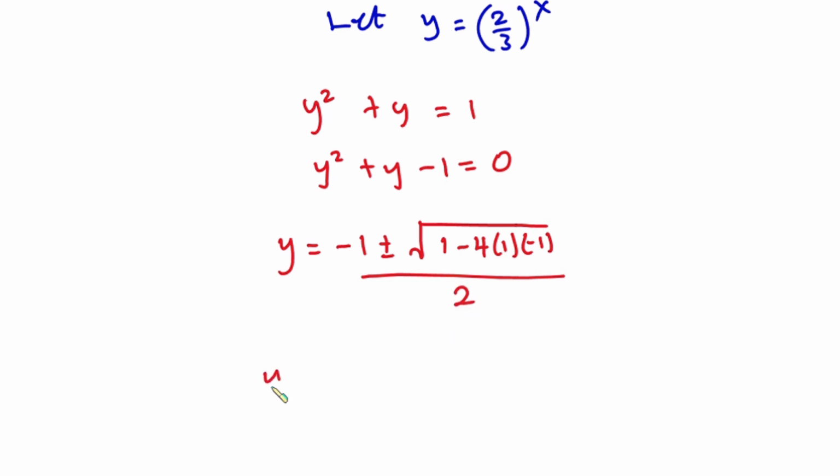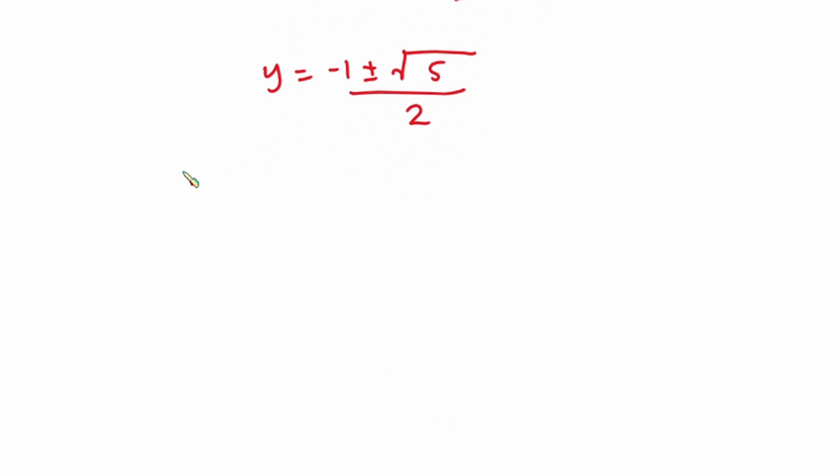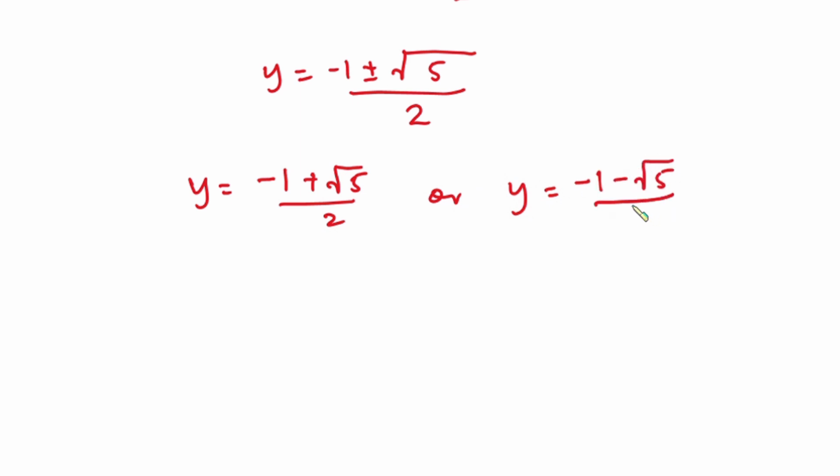So we have y is equal to negative 1 plus or minus square root of negative 4 times 1 times negative 1, that is positive 4, plus 1, that is going to be 5, all divided by 2. Right? So it means that it is either y is equal to (negative 1 plus root 5) over 2, or y is equal to (negative 1 minus square root of 5) divided by 2.